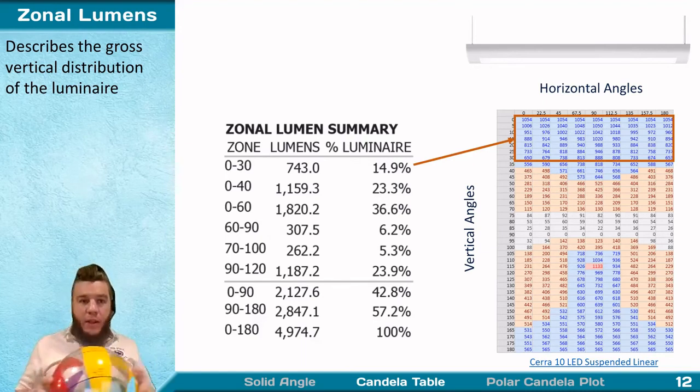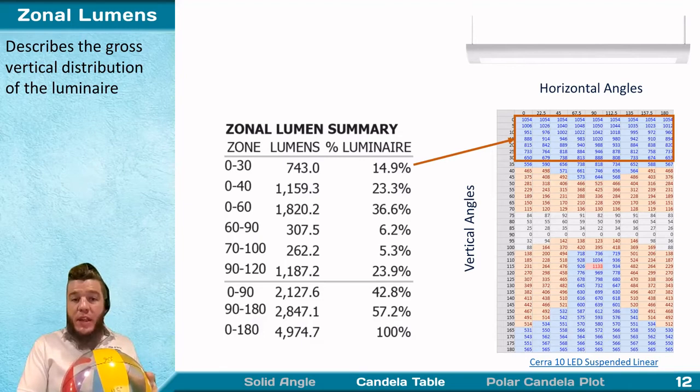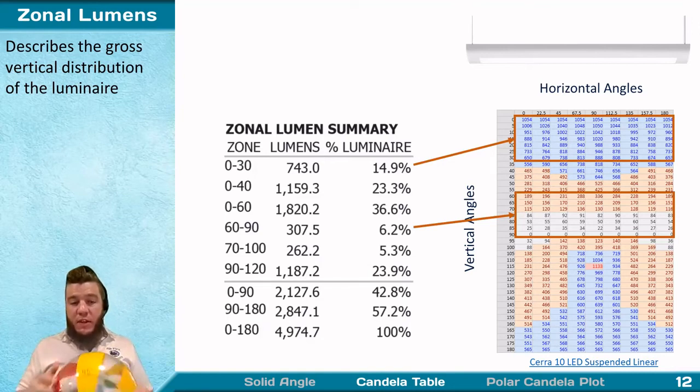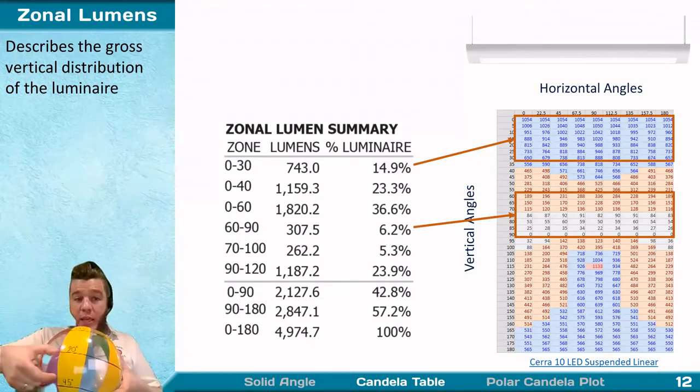Now, there's a variety of different ways we can break this down, but I just want to highlight some of the important pieces. The next important piece, I think, is actually the 60 to 90 zone. If we're looking at our sphere here, going up to 90, it's this zone right here.